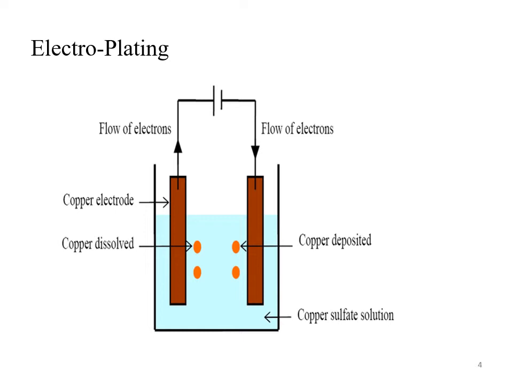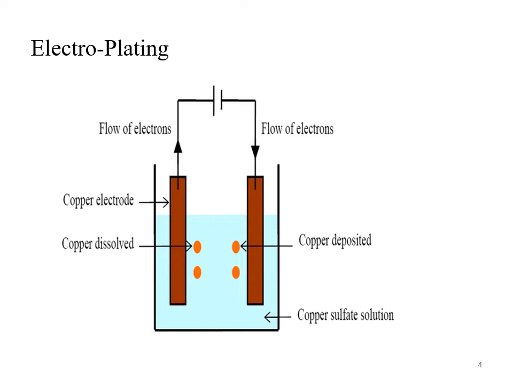Electroplating is a concept where the ions from one electrode will dissolve into the electrolyte solution, in which two electrodes are connected. In simple terms, two electrodes are connected to a power source or a battery, and both are dipped in an electrolyte container or electrolyte solution, so that the metal ions from one electrode will dissolve into the electrolyte solution and transport to the other electrode, which attracts these metal ions and they get deposited over it.